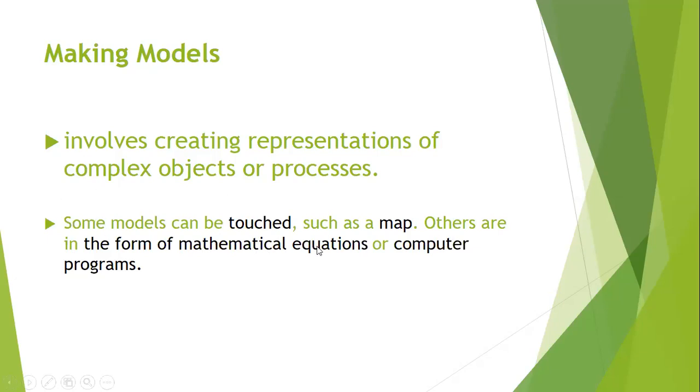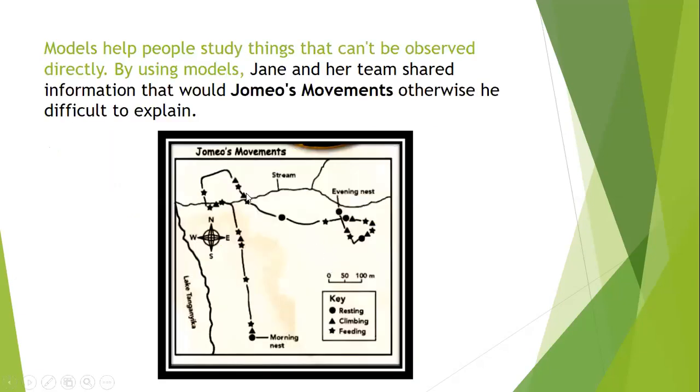Others are in the form of a mathematical equation, for example a quadratic equation used for solving some problems. Computer programs, which you use to chat or to calculate, are also examples of modeling, guys.